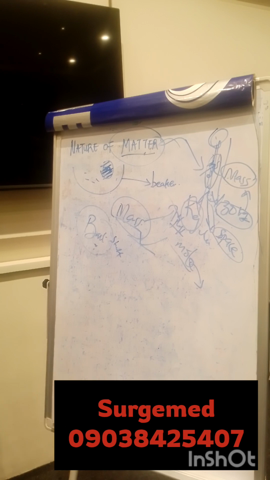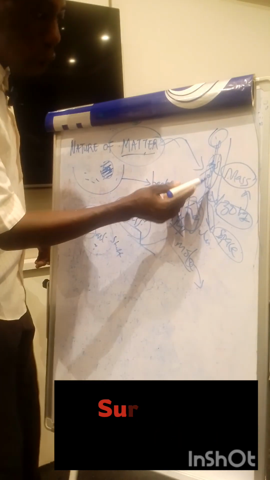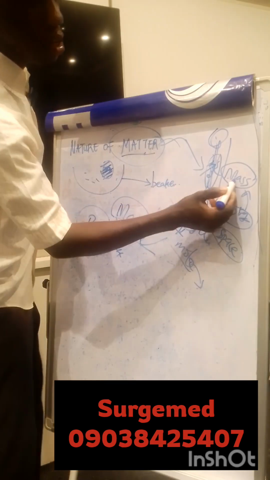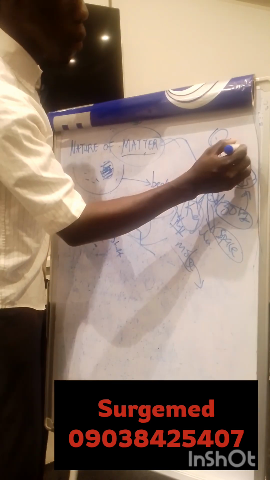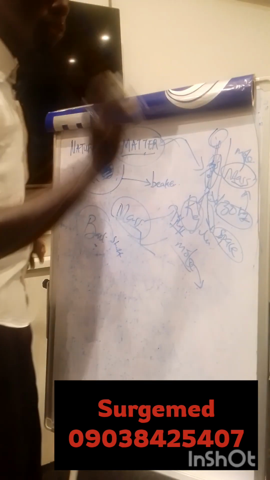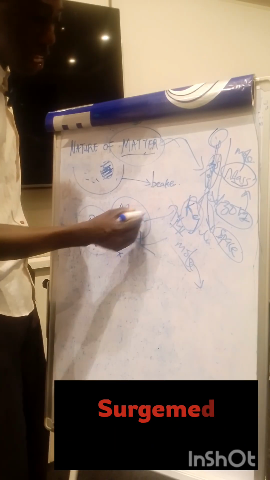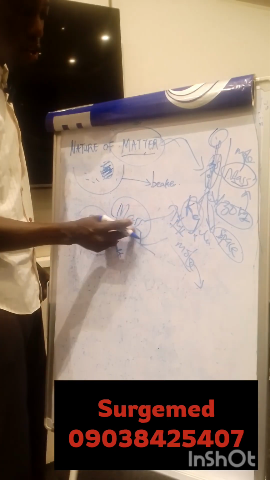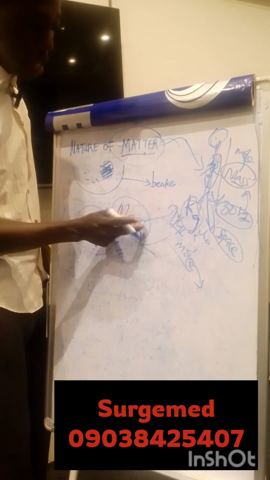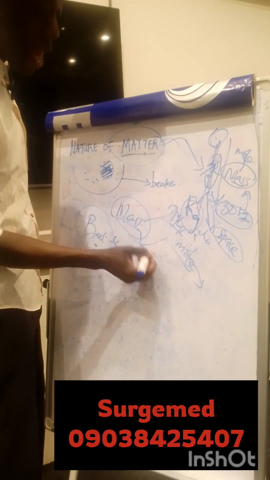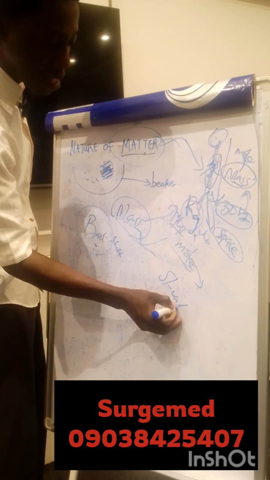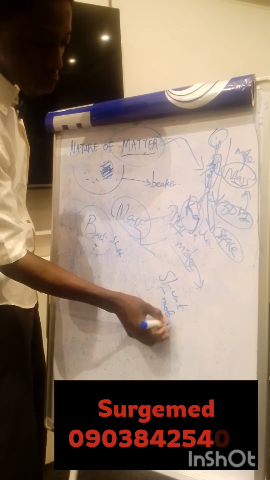So the quantity of all these stuffs in this body is the mass, which is measured in what? Mole, in chemistry. If you are saying kilogram in chemistry, you are very wrong, because we use kilogram in physics. So the SI unit, please take note of this, is mole.